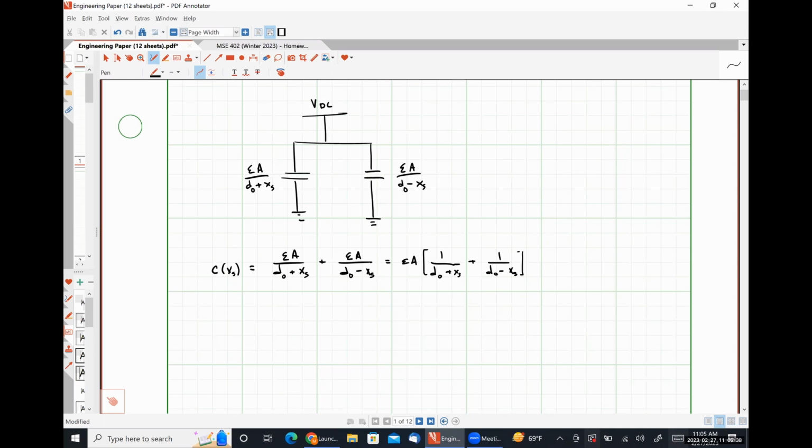So when we take the derivative of this with respect to XS, that's when we get the result.